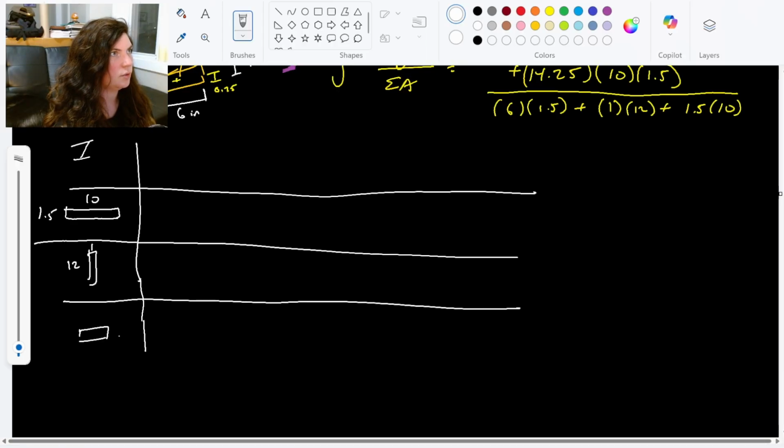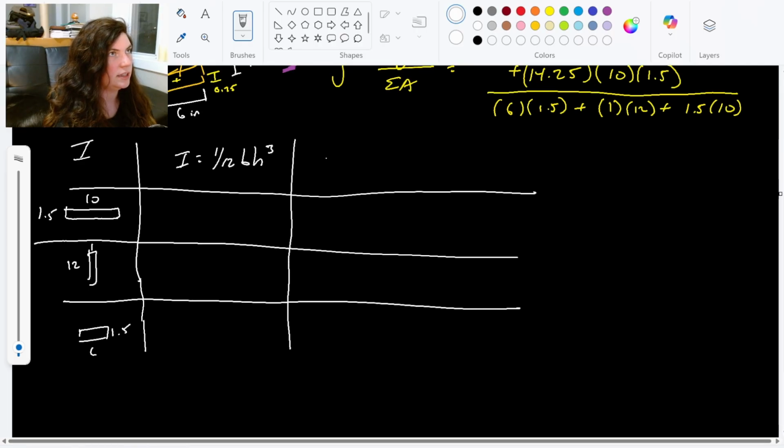But it's totally personal preference. 6 by 1.5. And then in this table, I like to have the basic moment of inertia equation, so 1/12 base height cubed, since they're all rectangles.